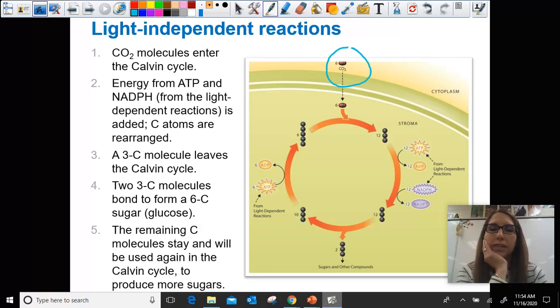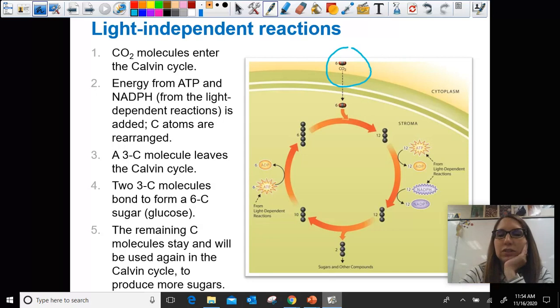So ATP and NADPH energy is going to be used at this stage to start rearranging, breaking apart, and creating new molecules from the carbons that we obtained from CO2. For every 1 glucose, which is C6H12O6, we need 6 carbons, which means we need 6 total CO2 molecules.